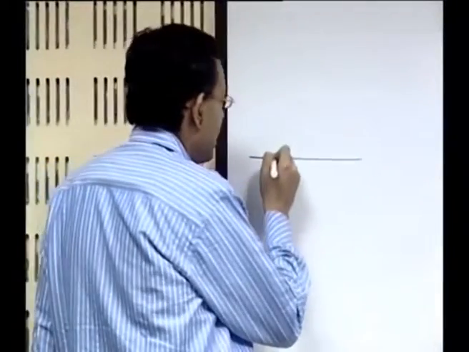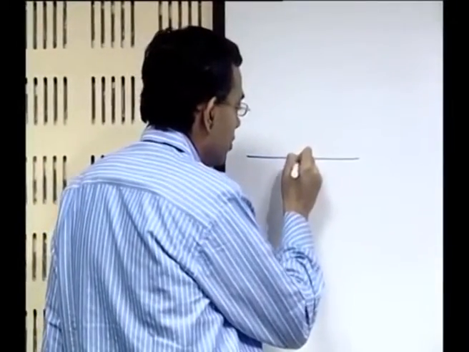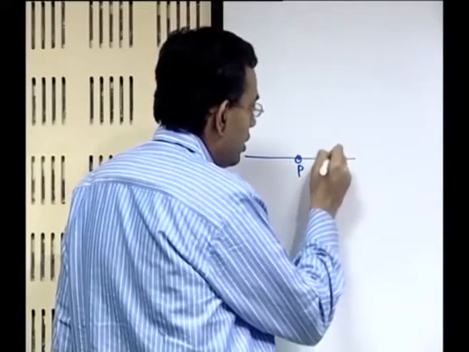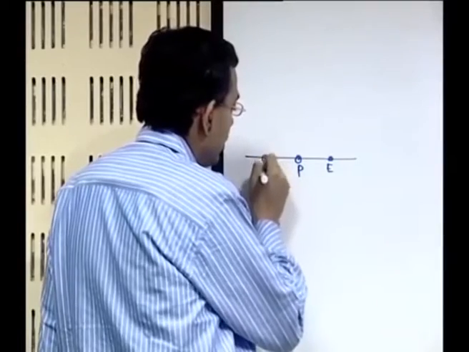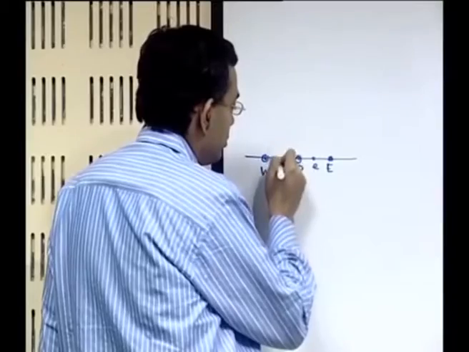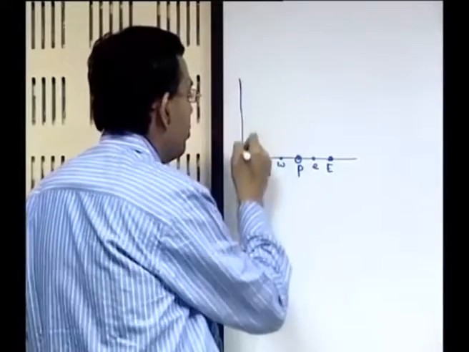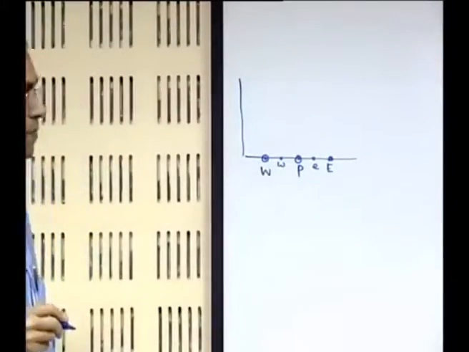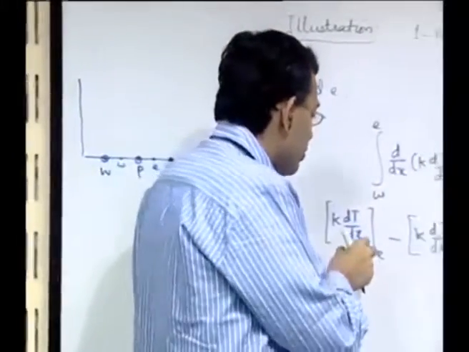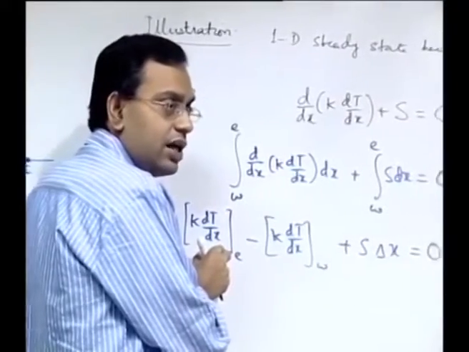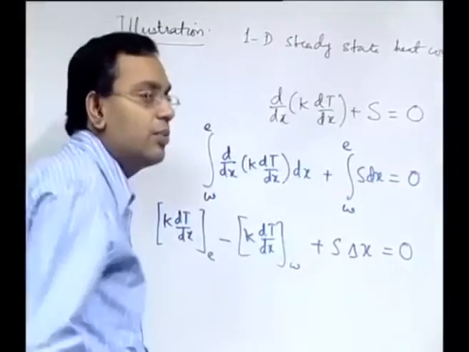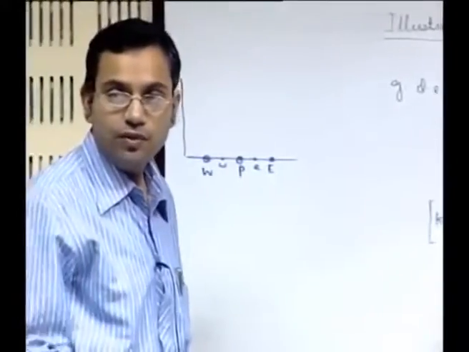Let us say that you have some points P, E, W, so we have to make a choice. What is the simplest choice that we could make? See, you could make higher and higher order approximations of T as a function of x. Say you can consider T as a very high order polynomial function of x for evaluating dT/dx.